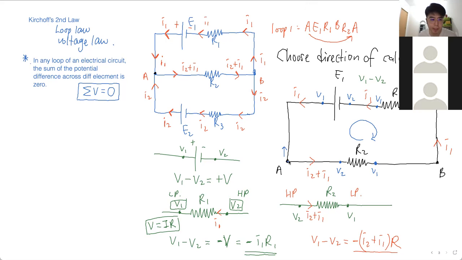Back to point A. Any other component? No more components, only 3 components. So I have worked out the voltage across each one.